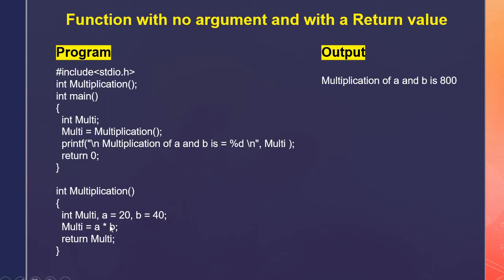The value we are assigning to multi is 800, and that 800 will be assigned to multiplication. Obviously, as we use this equal to operator here, that 800 will be assigned to multi. So again here I am printing the value multi, then return 0 for this main function.